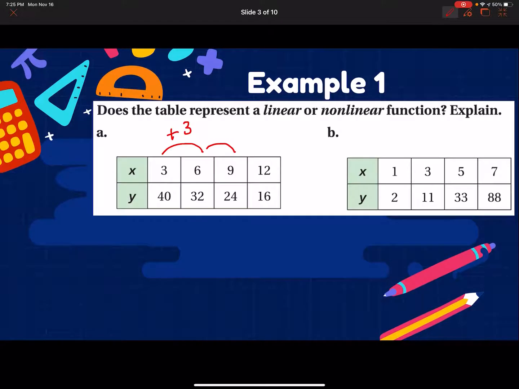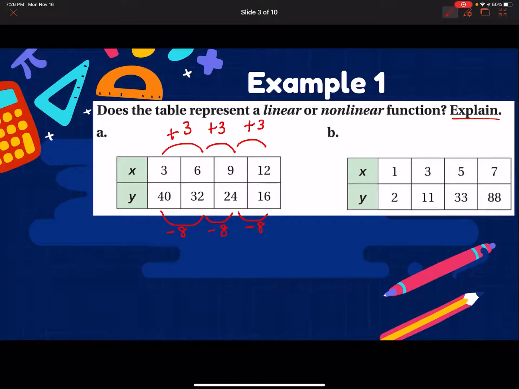The next one goes from 6 to 9, which is another increase of 3. And the next one, again, increasing by 3 each time. Now I'm going to look at my output, or my y value, and I can see that y in this first situation is decreasing by 8. The next one is also decreasing by 8. And here in this last one, we have a difference of 8 as well.